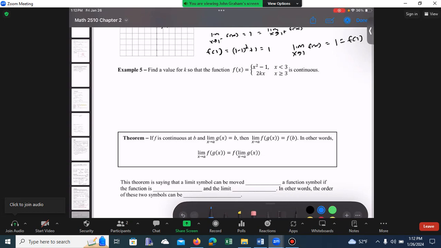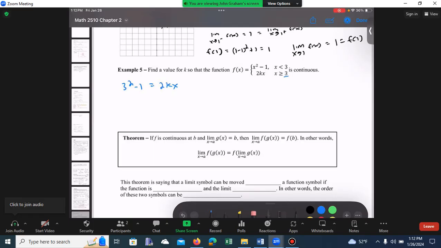So first, you want to plug in 3 and look at the borderline 3, because that's going to be the issue. 3 squared minus 1, and it has to be equal to 2kx in order to have continuity there.